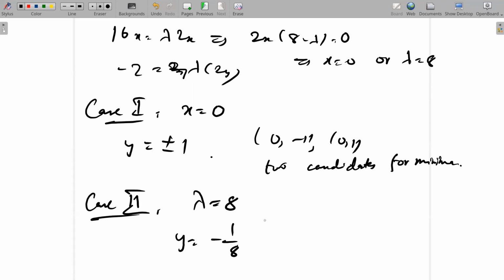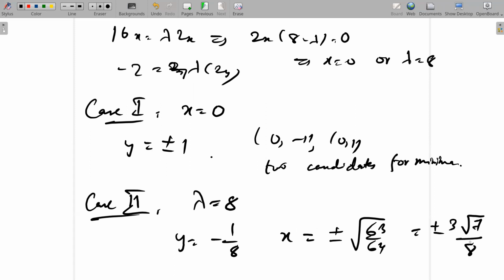Then again, I look at feasibility. The only options I have for x, by solving x squared plus y squared equals 1, are plus or minus square root of 63 over 64, which is nothing but plus or minus 3 square root 7 divided by 8.